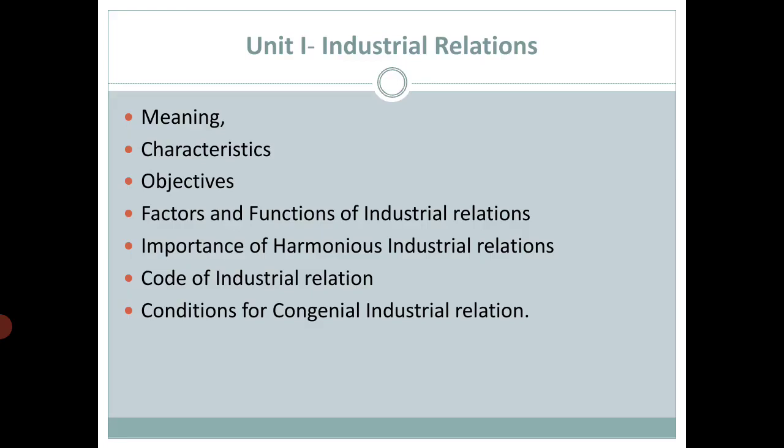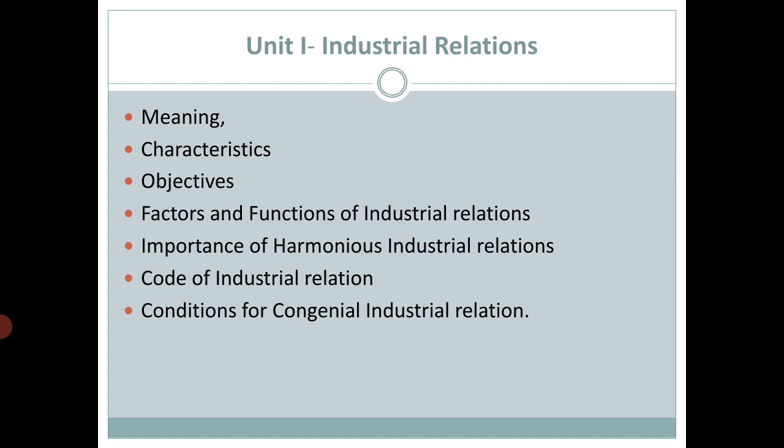With this we will also be studying the code of industrial relations, which means the do's and don'ts in industrial relations. Then we will also study the conditions for congenial industrial relations, meaning if you want to maintain industrial relations in a proper manner, what you are required to do, what the conditions are, and what norms you need to consider.